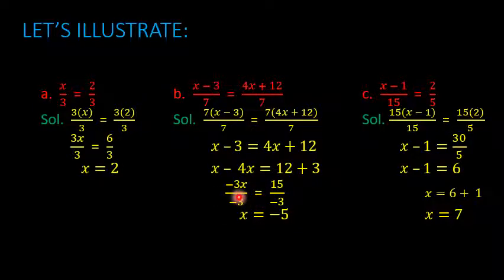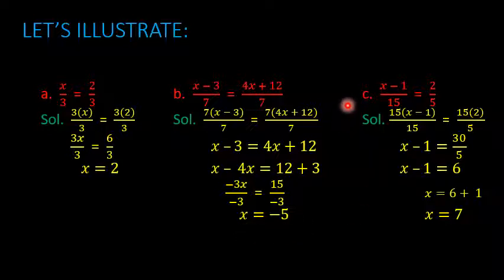Kailangan nato makuha ang value sa x. So, buhaton, mag-multiply ta both sides by negative 1/3 para mawala ang negative 3 dire. So, pag-multiply nato both sides by negative 1/3, cancel na ang negative 3, then x na lang mabilin. Then 15 divided by negative 3, very good. The value of x for equation letter B is x is equals to negative 5.